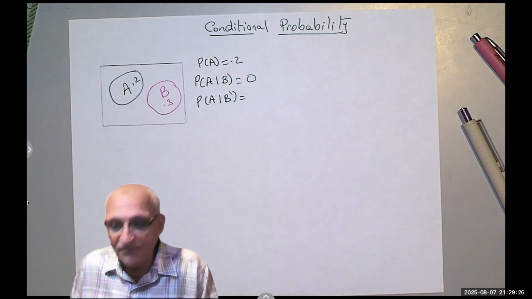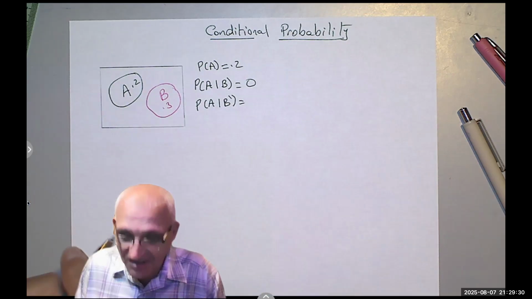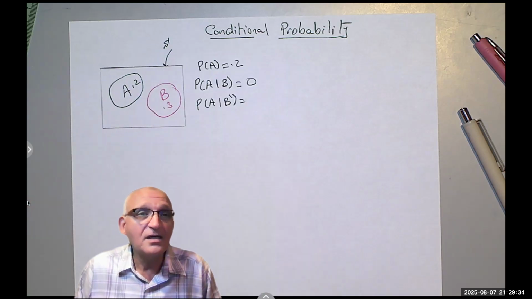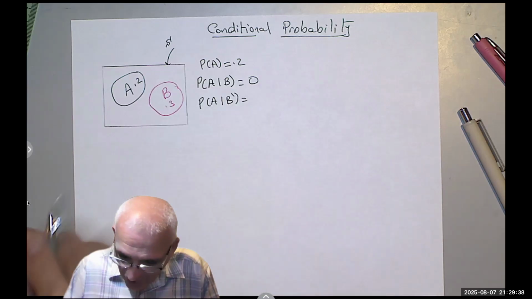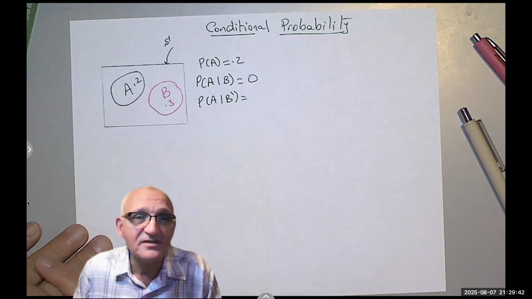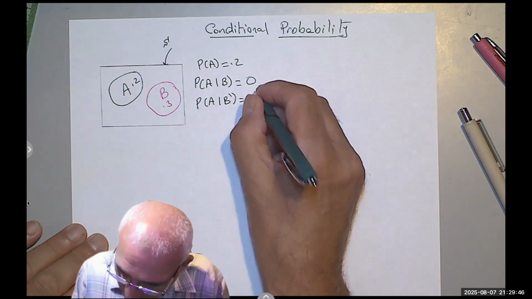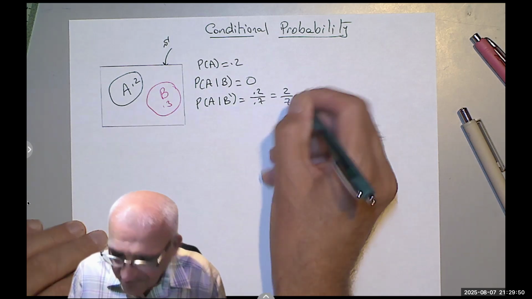If you know that B didn't occur, your sample space is no longer S that has a probability of 1. It's like you cut 0.3 from here and the remaining is only 0.7. So the probability of A in this case would be 0.2 out of 0.7, or 2/7.